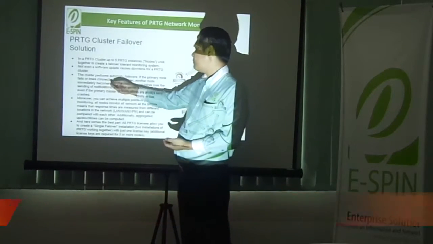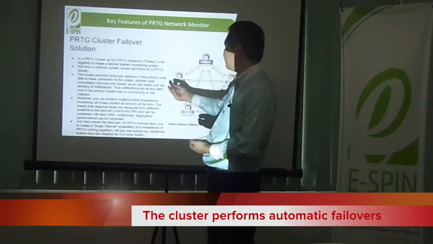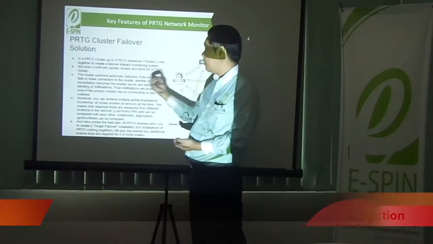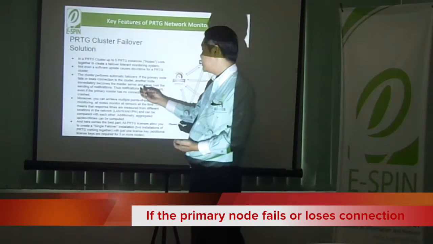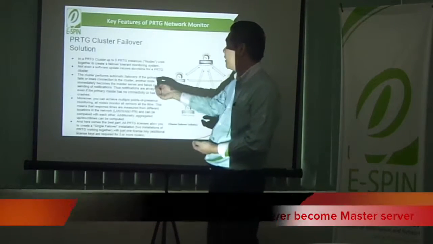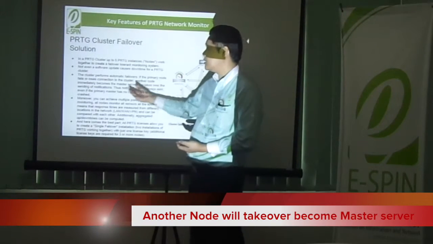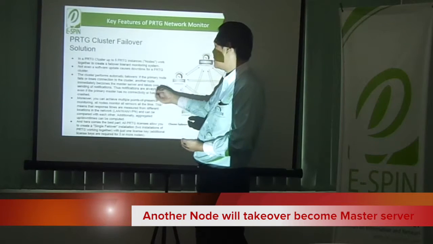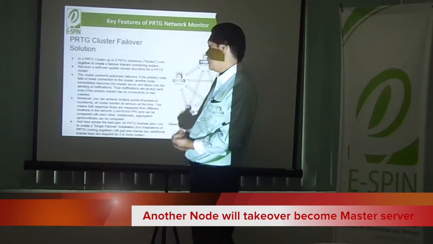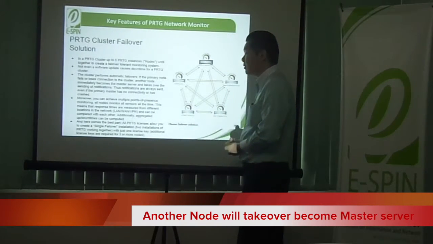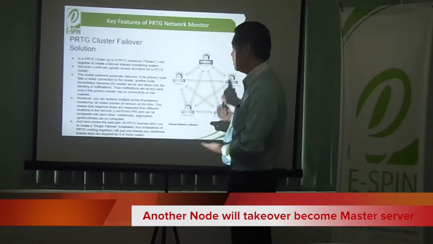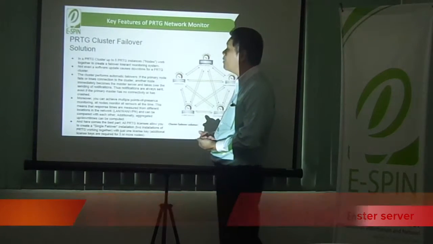The cluster performs automatic failover if the primary node fails or loses its connection to the cluster. Another node will immediately become the master server and take over sending notifications. Such notifications are always sent, even if the master has no connectivity or is down for some reason.